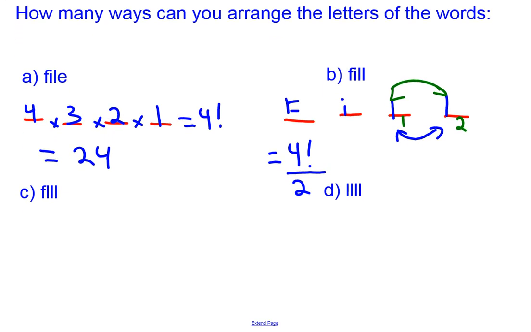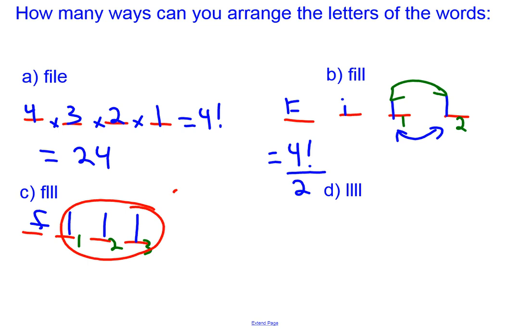And we can do the same thing down here with this sort of non-word, F followed by 3 L's. Now we have 3 L's, and I'm going to number them so that we can keep track of them. For every one of the arrangements like this, how many different arrangements do we have of these 3 L's? There are 3 factorial ways to arrange those 3 L's.